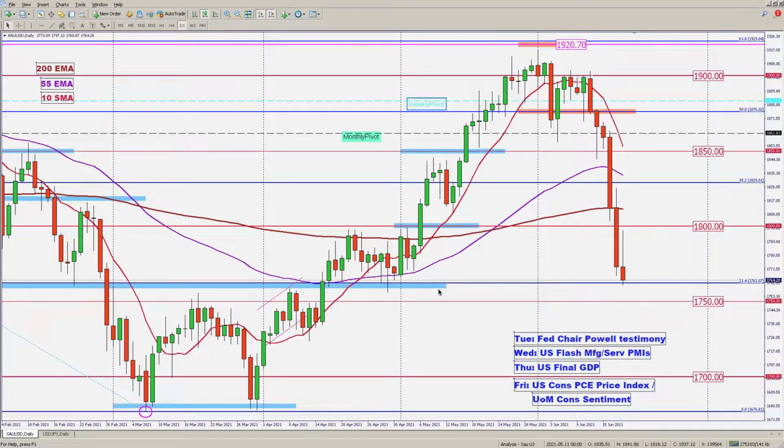So this will now be the support zone, at the 1762 area, and the 1800 is going to be the resistance zone.